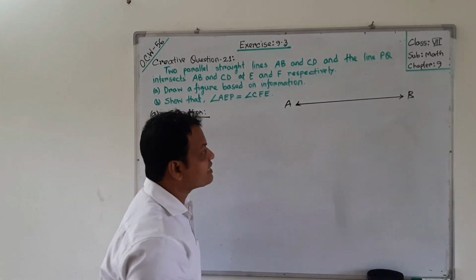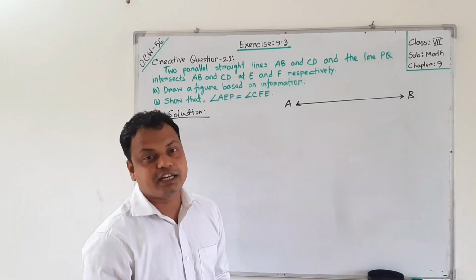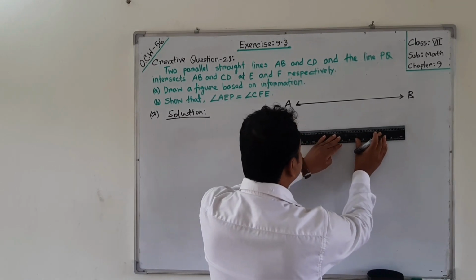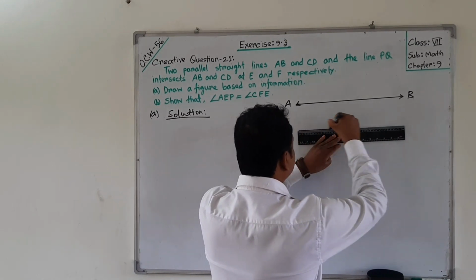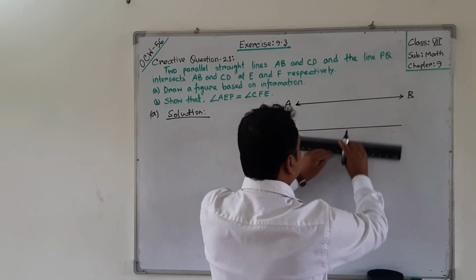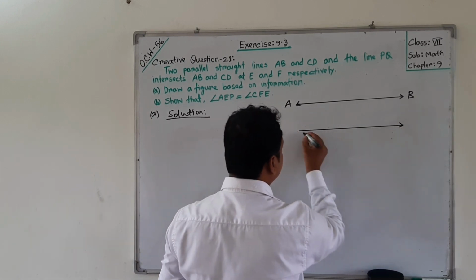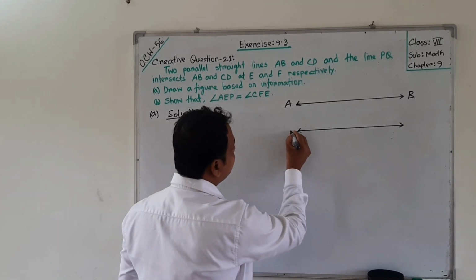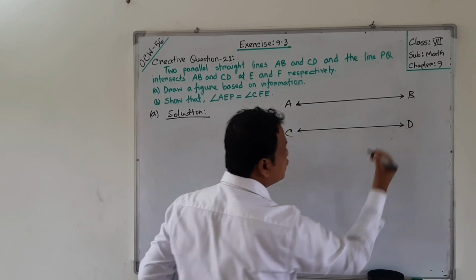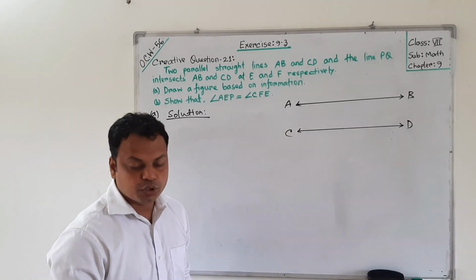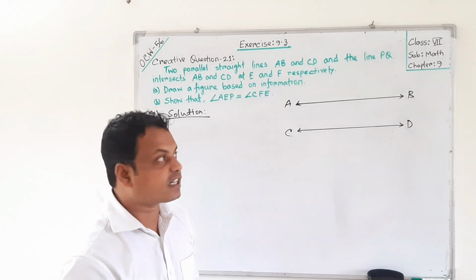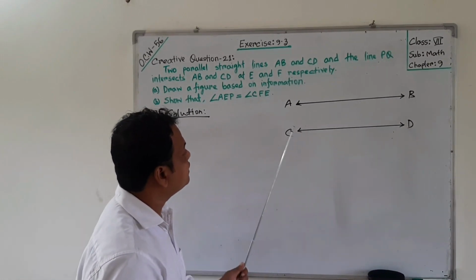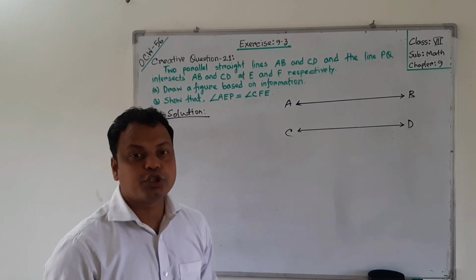We have to draw another straight line named CD. This is another straight line named CD. So we have got two straight lines, one is AB and this one is CD.